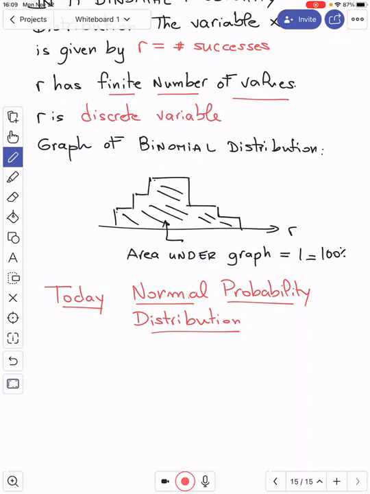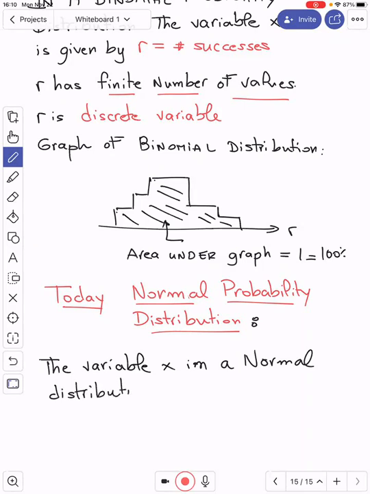As I said, it's one of the most important continuous probability distributions. So first, the variable X in a normal distribution is continuous, so it's not discrete like in a binomial distribution.